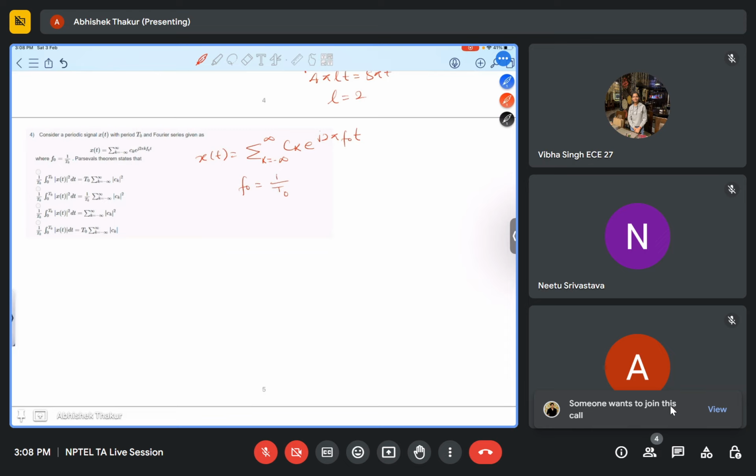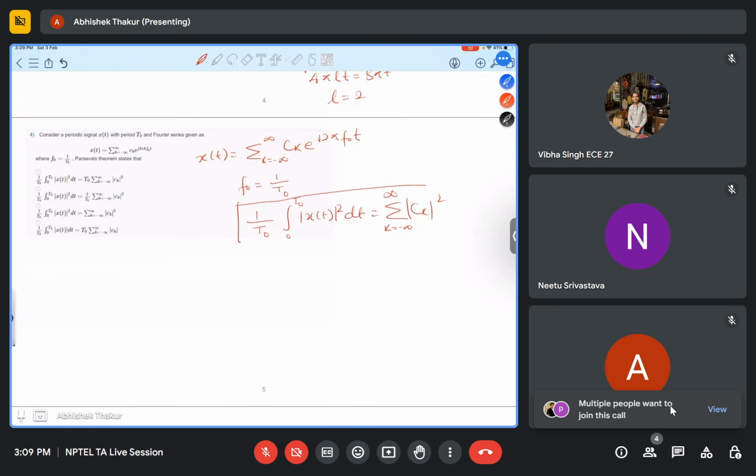So we have studied in the week 1 lecture that Parseval's theorem is given as 1 by T naught, integration of 0 to T naught of magnitude x of t squared dt, is equal to summation of magnitude c k squared, k from minus infinity to infinity.